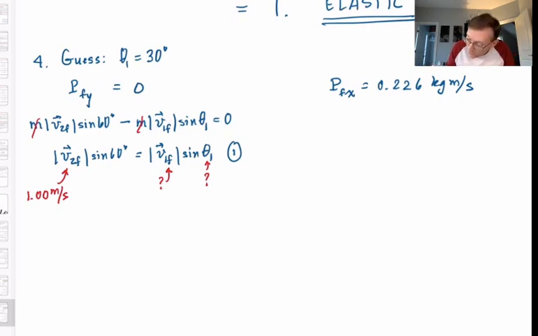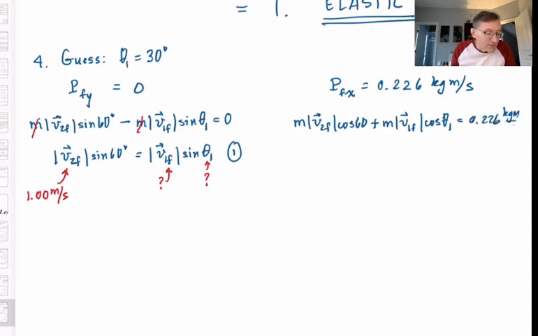For particle 2, the x momentum is m v2 final magnitude cosine 60 plus positive m v1 final cosine theta 1, which must equal 0.226 kilogram meter per second.